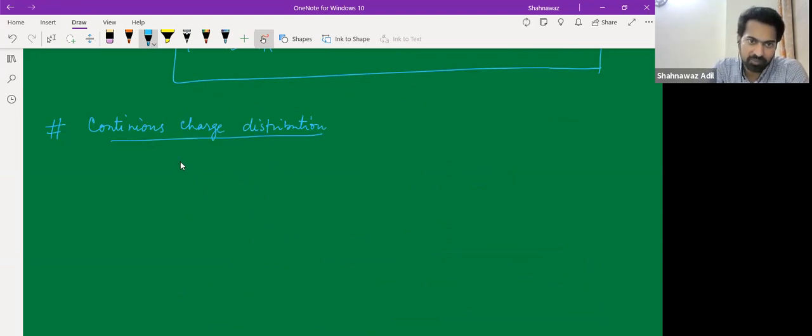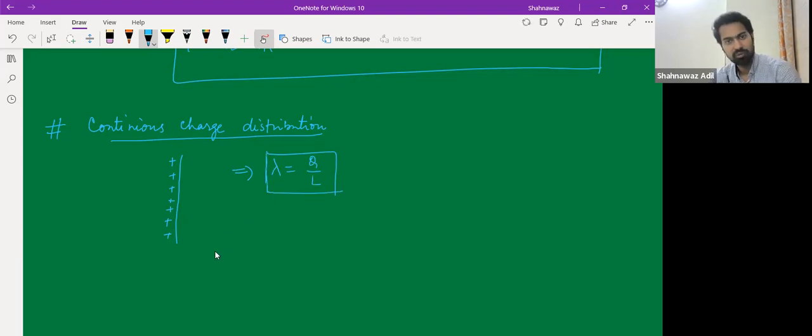One is the linear charge distribution, for which we have the linear charge density, defined as Q by L. Okay, guys, understood? Sir, can you repeat again?